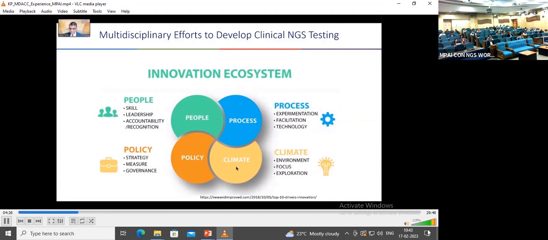We create a climate to allow this new technology to come in. We train people, starting from the leadership all the way down to the people who carry out the day-to-day function, and also accountability and oversight. At the same time, we create policies and procedures. These are all topics in themselves of longer talks and discussions.